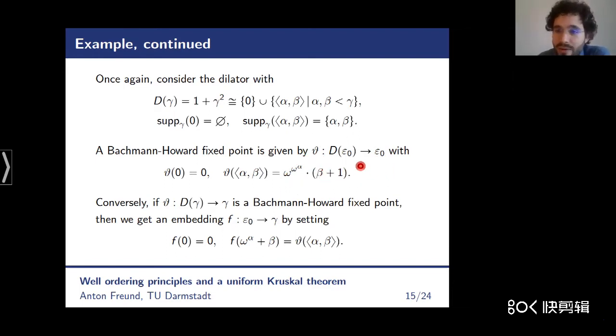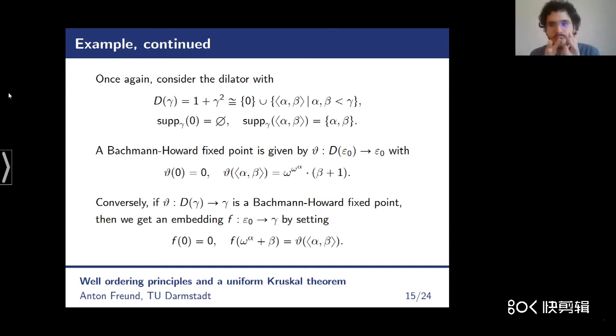So epsilon 0 is a fixed point of this D here. And in fact, it's the minimal Bachmann Howard fixed point, because if you have any Bachmann Howard fixed point of D from above, then you can construct an embedding of epsilon 0 into this Bachmann Howard fixed point. You can simply define it explicitly by these two clauses.